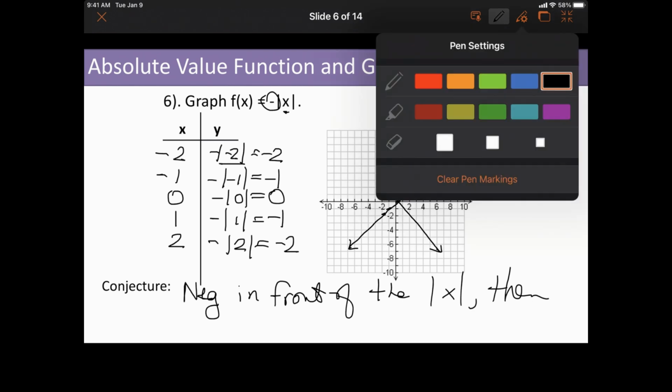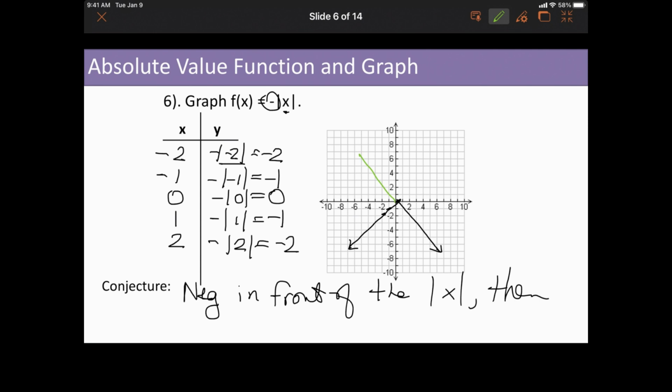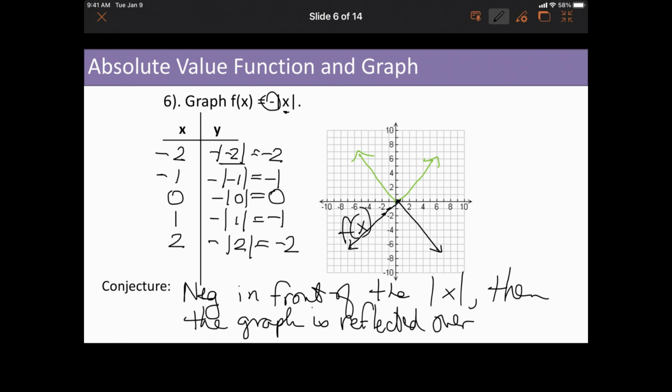Our parent graph is usually above, right? It's usually up here. And this is labeling x of x. And then the graph is reflected over the x-axis. It's going down.